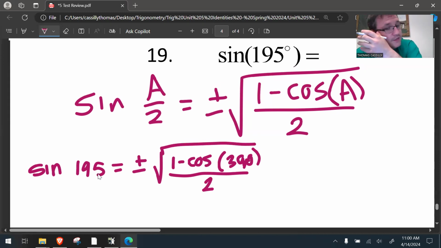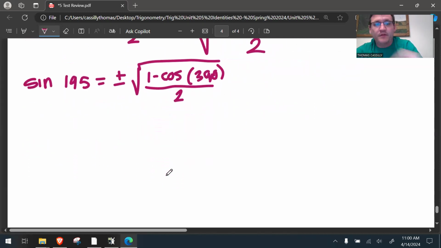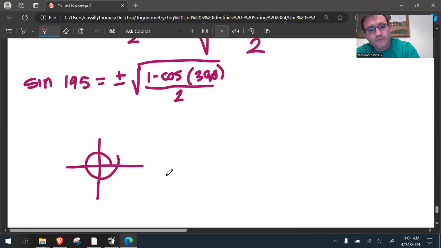Right now, think back to your unit circle. A 390-degree angle, figure out that coterminal side. Look for that reference angle, right? How far past 360 is it going? So this is a 30-degree angle. So instead of saying the cosine of 390, I'm going to say the cosine of 30.